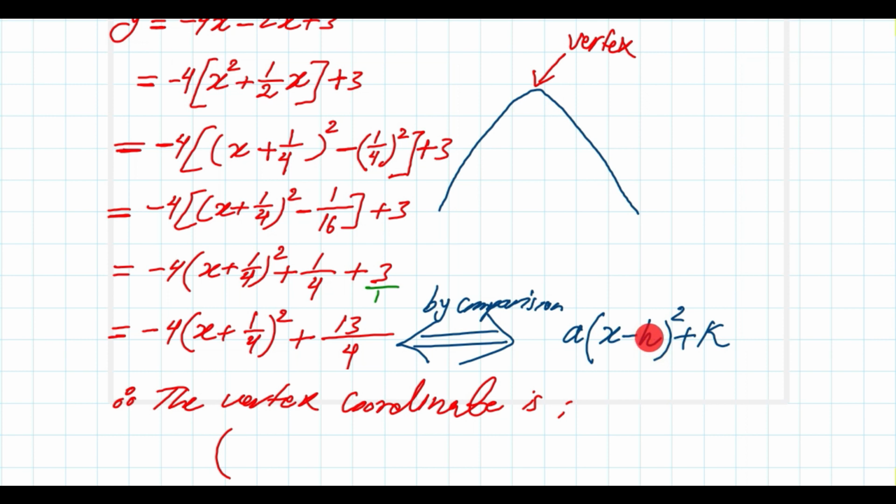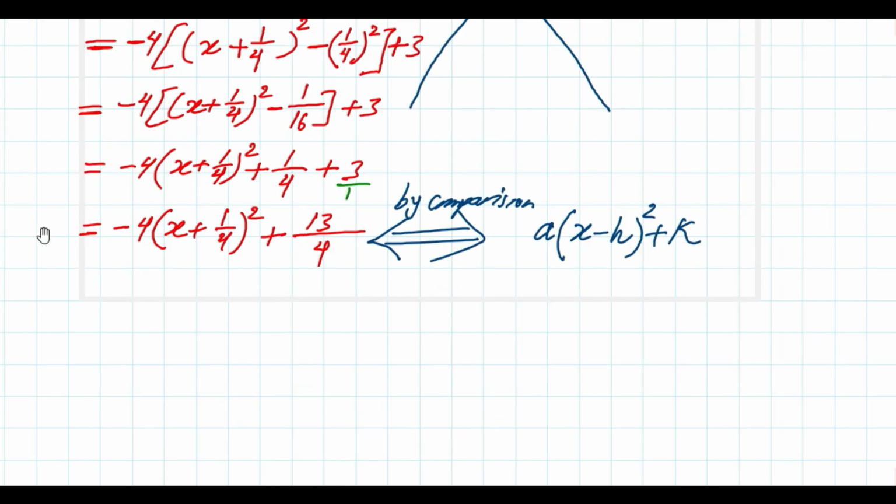In the formula we have negative h, but here it is positive 1 over 4. Therefore, h is negative 1 over 4. And the y coordinate is represented by k. So k is 13 over 4. Therefore, this pair point of x and y represents the vertex coordinate, which is negative 1 over 4 and 13 over 4.